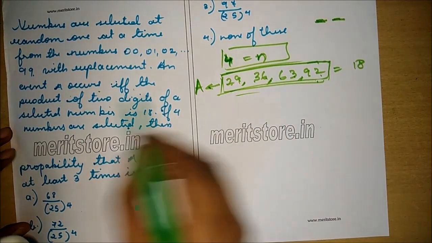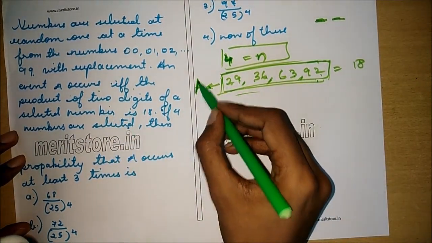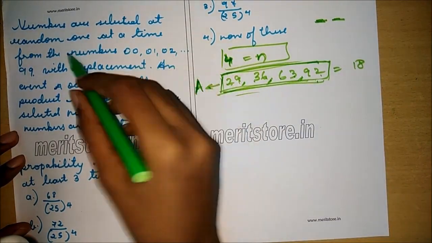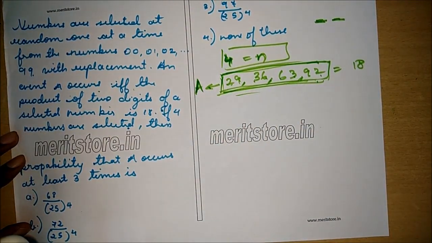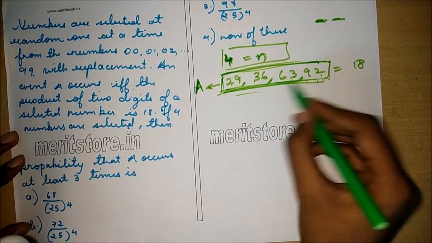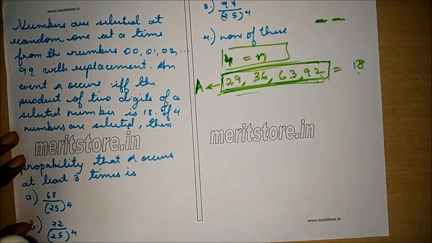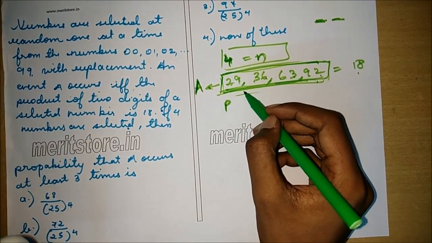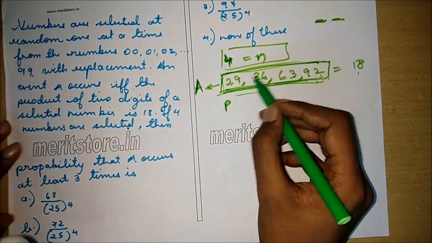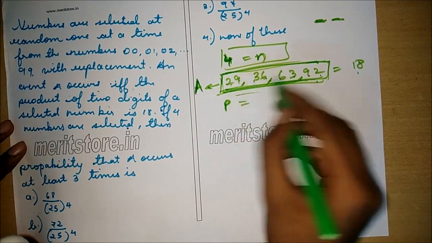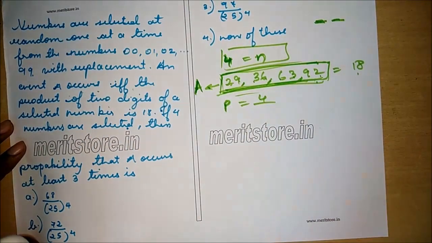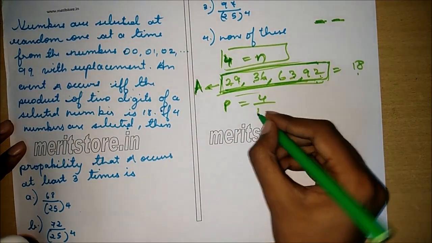So for the condition for A, either 4 out of these 100 numbers should be selected, since the product of the digits is 18. So P, the basic probability that a number is picked out of this, is 4 out of the total number of numbers taken out, that is 100.